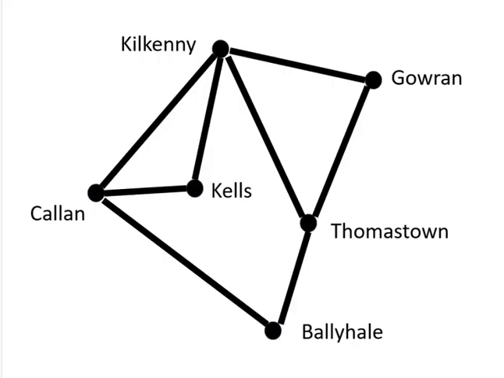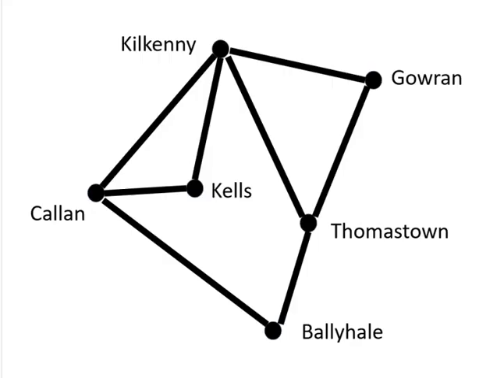I could pull Kells outside of that center quadrilateral. I could do various different things. It doesn't really matter about the actual physical positioning of them. You just want a diagram that shows the relationships between them.